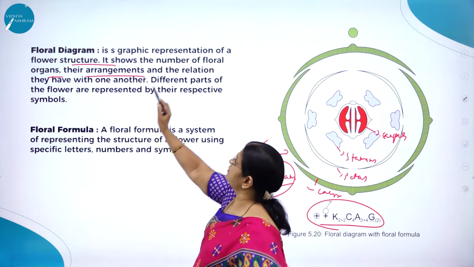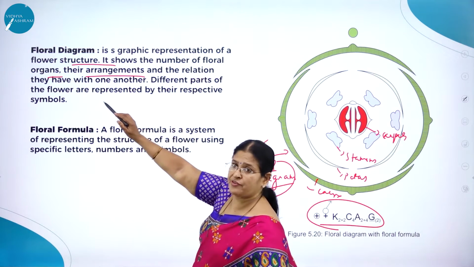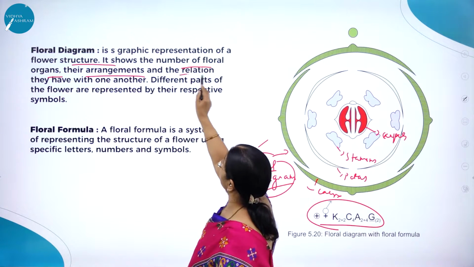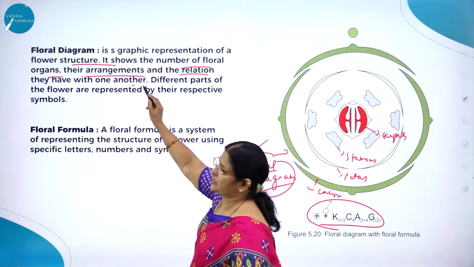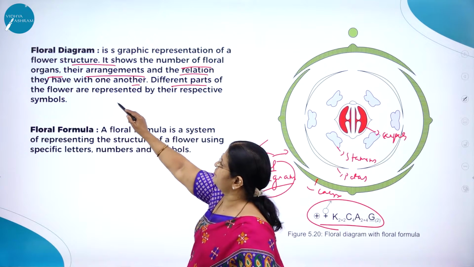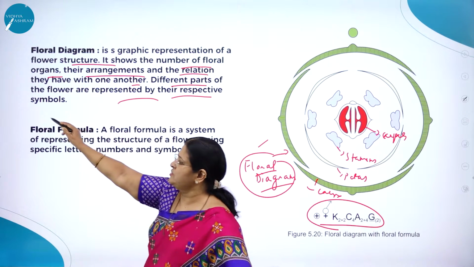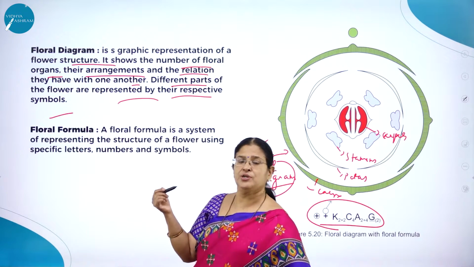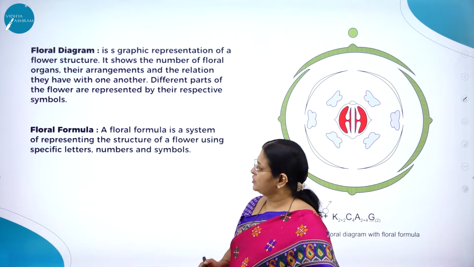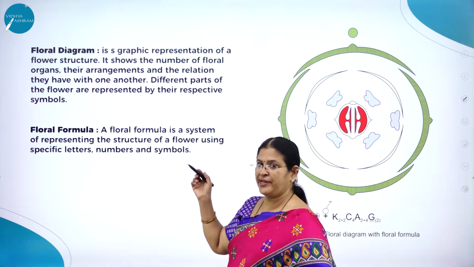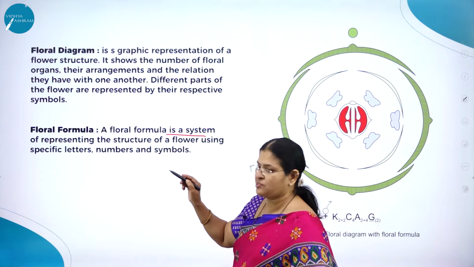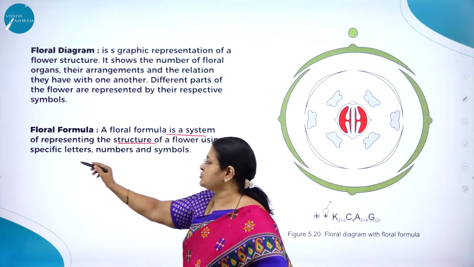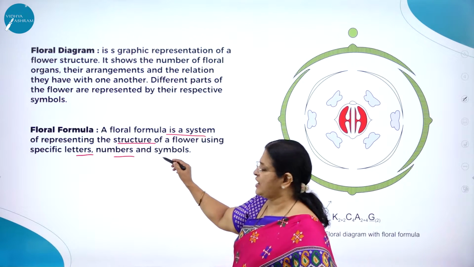So floral diagram is a graphic representation of a flower structure. It shows the number of floral organs, their arrangement and the relation they have with one another. Different parts of a flower are represented by their respective symbols. As I said, the symbols are very, very important for us to write the floral diagram. So what is floral formula? As I already explained, floral formula is a system of representing the structure of a flower by using specific letters, numbers and symbols.